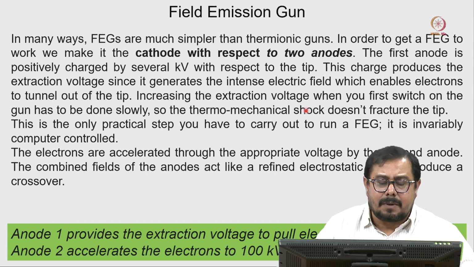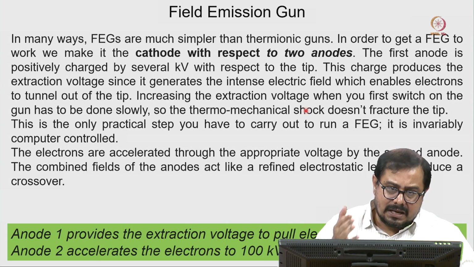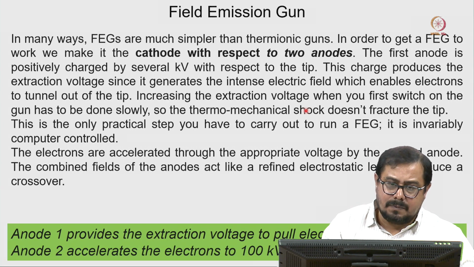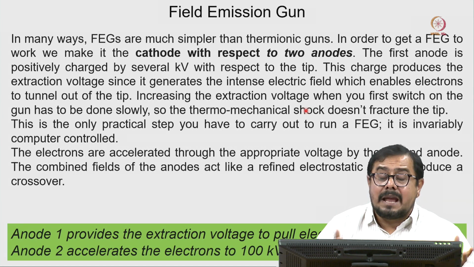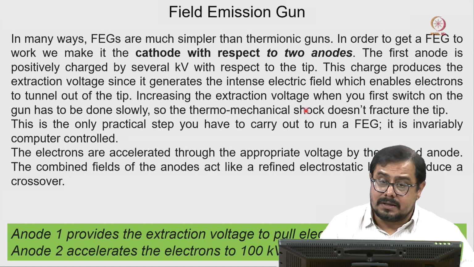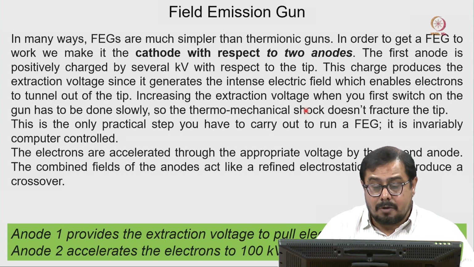When you have an XFEG, price-wise definitely the XFEG is much higher priced than your tungsten filament. It is almost 7 to 8 times higher priced than a normal tungsten filament, and the cold FEG is almost 5 to 10 times higher priced than a normal XFEG.